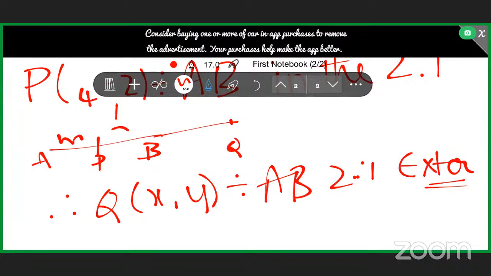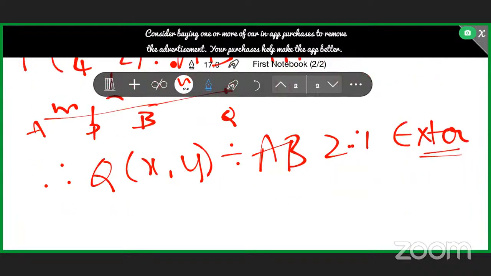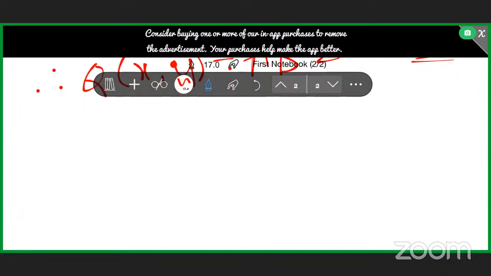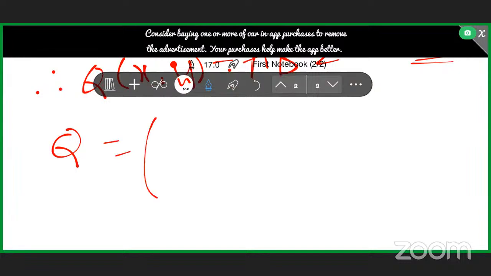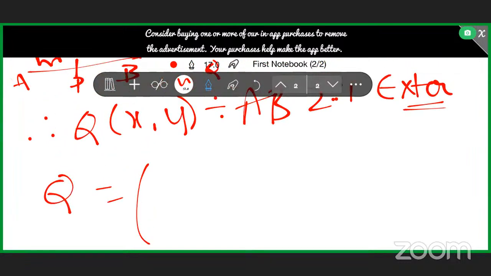Based on the theory, when P is dividing the line AB in the ratio 2:1, then Q should also divide the line AB in the ratio 2:1 externally. Therefore, using the external division formula, Q is equal to: what is the value of A and B?